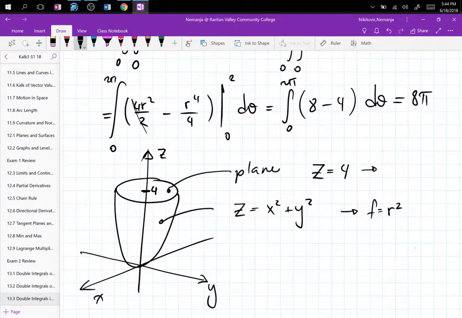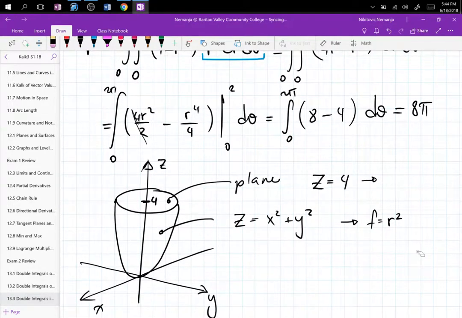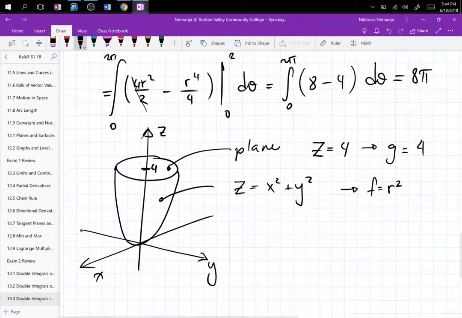So it's not friendly, right? We need to transform this into our r and theta. So z equals to 4. So function g on top is going to be 4.